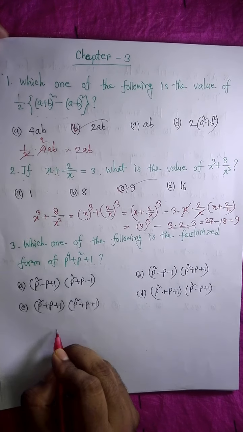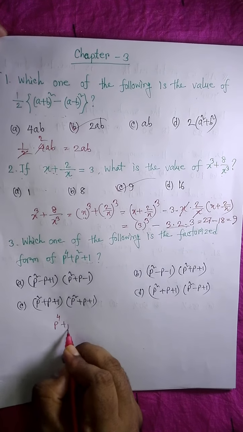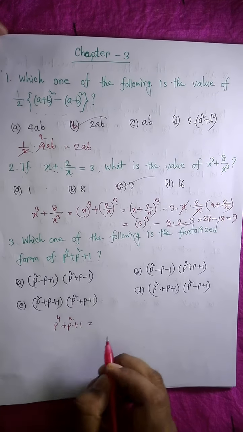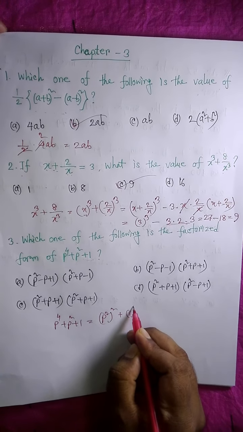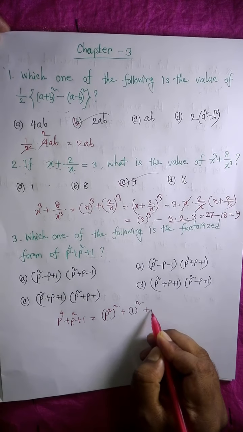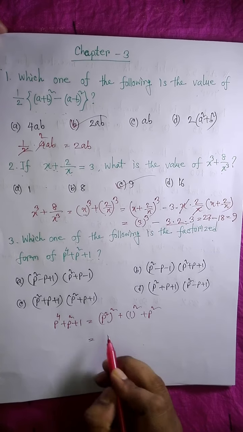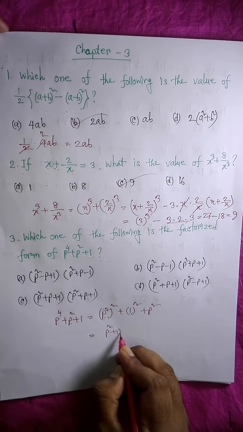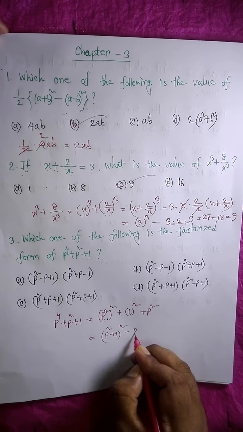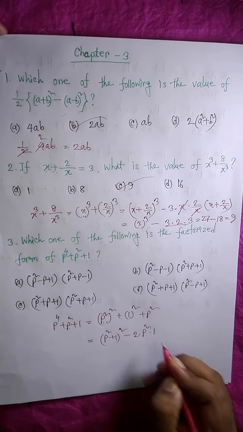Now question number 3: which one of the following is the factorized form of this? So let's solve it. Here we can write this as (p square plus 1) whole square plus p square. The a square plus b square formula: (a plus b) whole square minus 2ab.